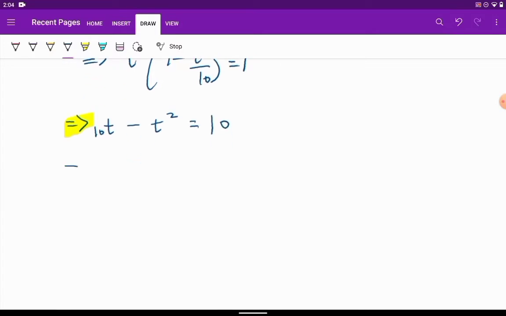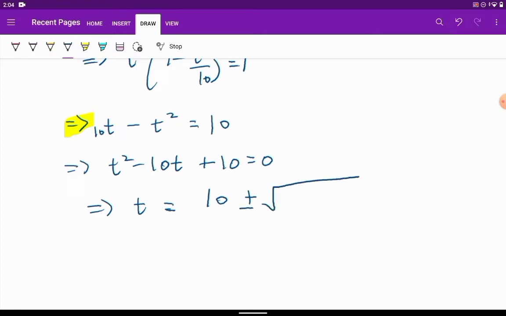Okay, which means t square minus 10 t plus 10 equal to 0. Which means t is equal to, from the quadratic formula, minus b plus minus root over b square minus 4ac by 2a.